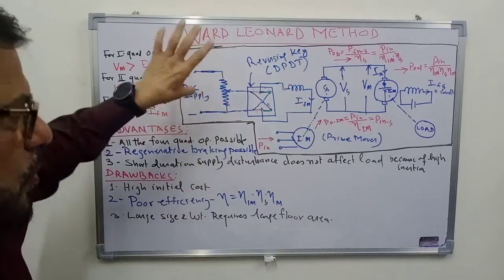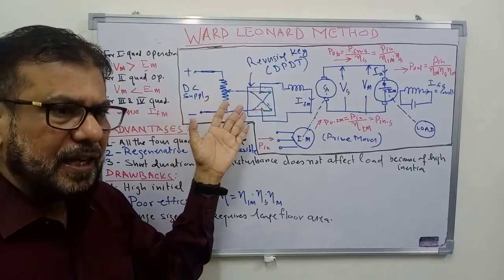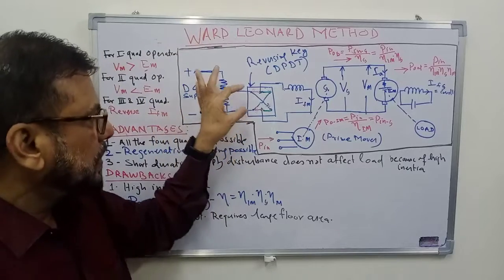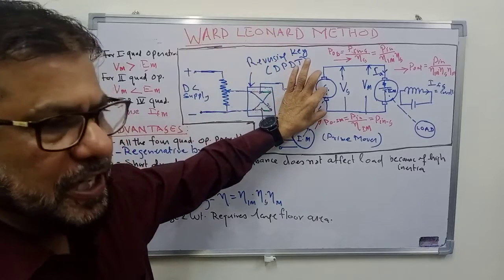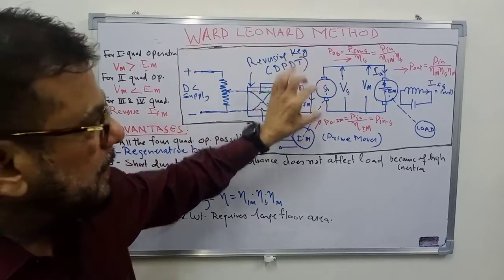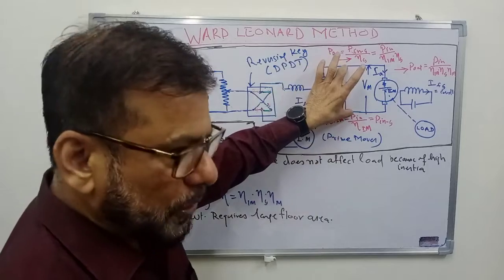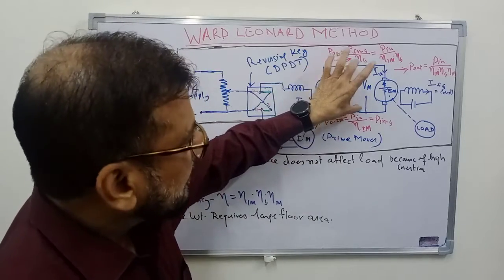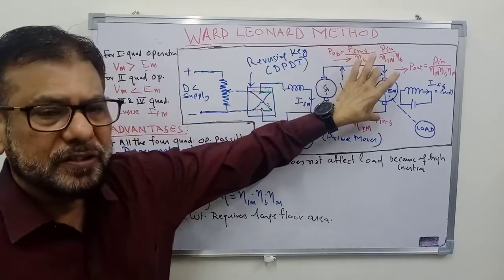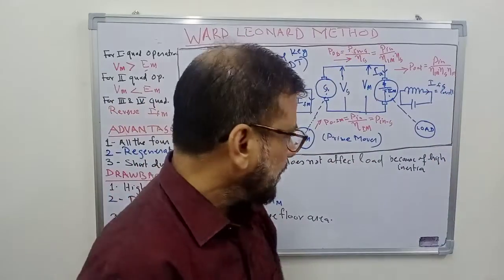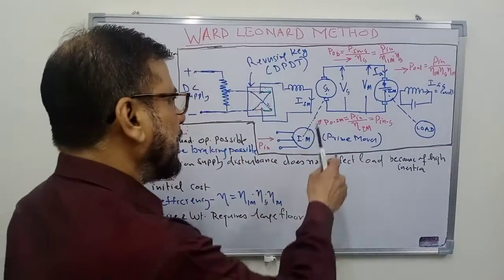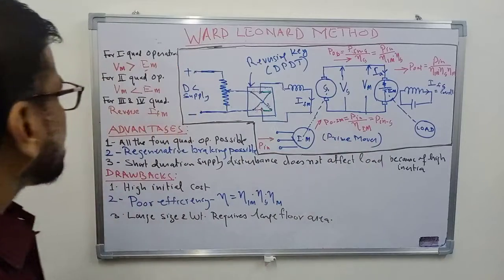Any low power variable voltage supply can be used here to vary the voltage. You vary the voltage, that causes the field current of the generator to vary. This causes the output voltage of the generator to vary. That causes the input voltage of the DC motor to change, and that will change the speed of the motor. And power flows through all these machines.